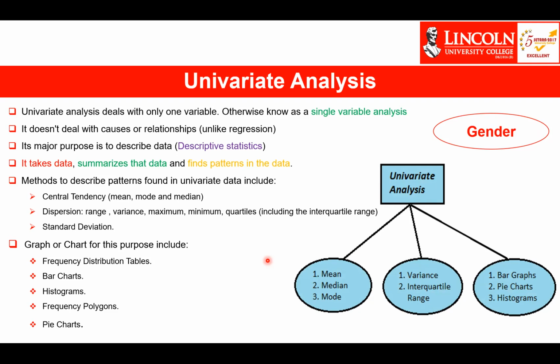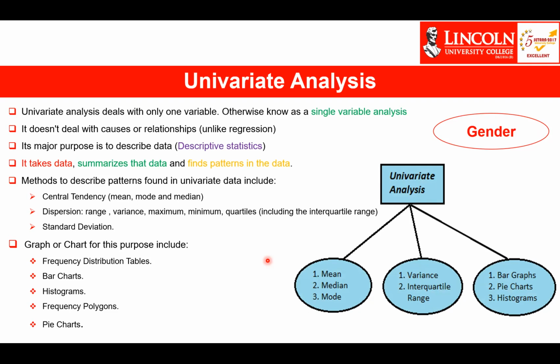Methods to describe patterns found in the data include central tendency, which includes mean, mode, and median. We have dispersion, which includes range, variance, maximum, minimum, quartiles, which include the interquartile range, and we have standard deviation. So these are the methods you can use to describe patterns in a particular variable.